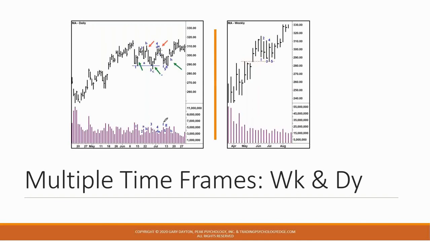We get bar F looks to me like a little bit of a minor climax, a little bit of a pop in volume with the close off of the lows coming into support. Bar G had more volume trying to come down, but it stops right here.